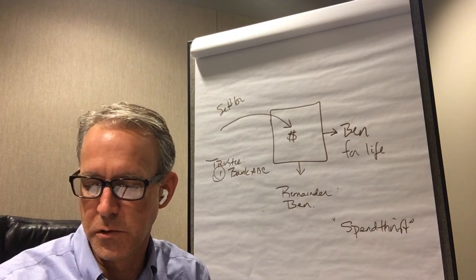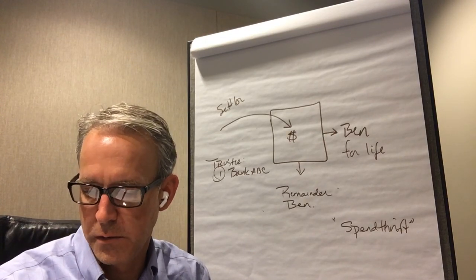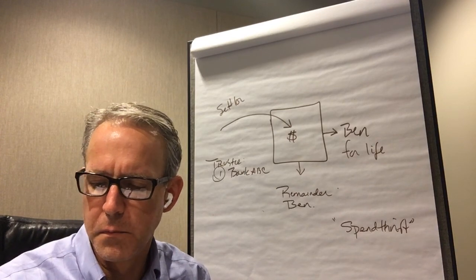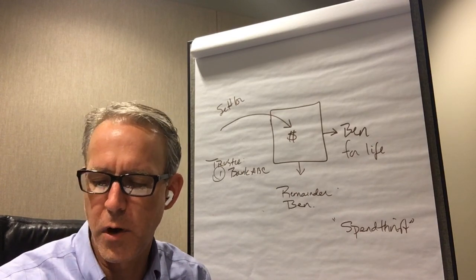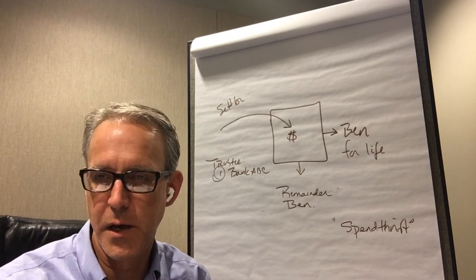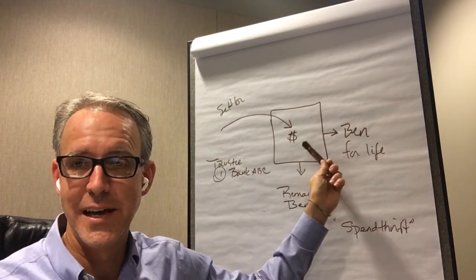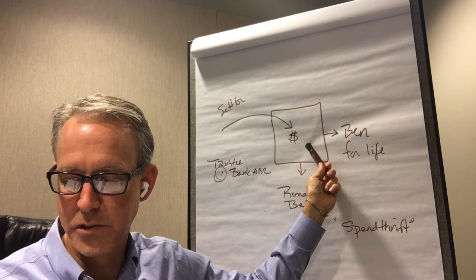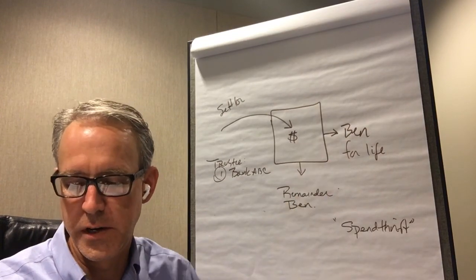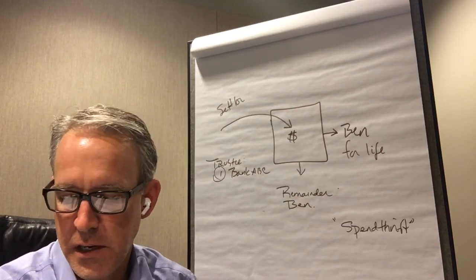Discretionary distributions, what do you do there? A creditor is extremely unlikely to be able to attach anything related to the beneficiary's debts if all distributions out of this are discretionary in the hands of the trustee.